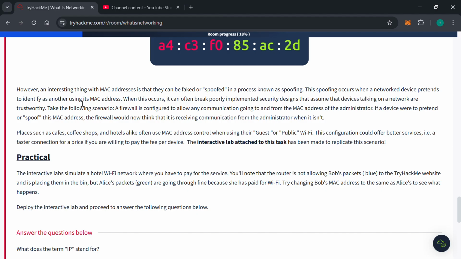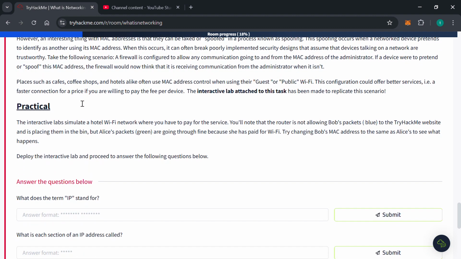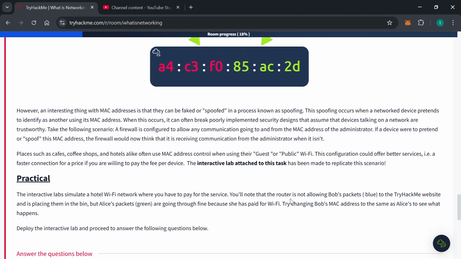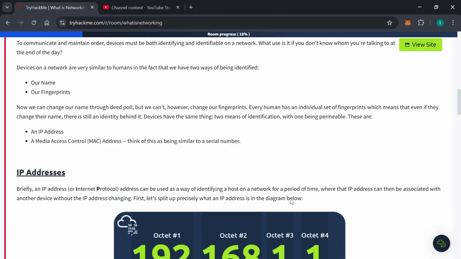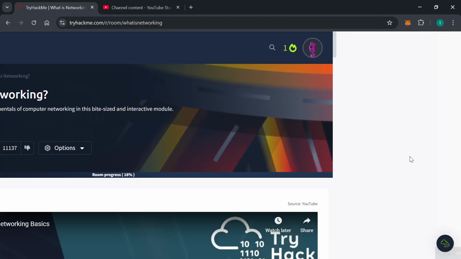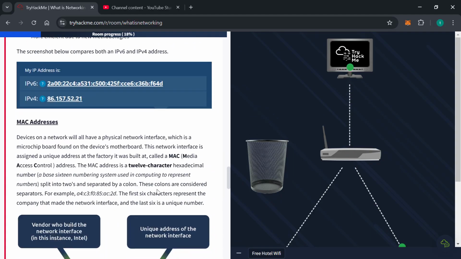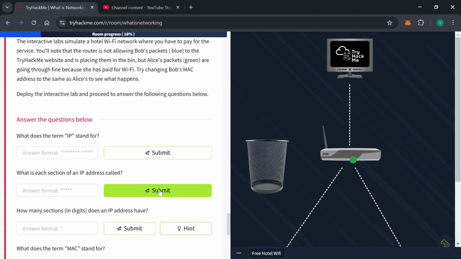Now there is an interactive lab attached to this task that we'll be looking at. The interactive lab will simulate a hotel Wi-Fi network where you have to pay for the services. So let's click on view site so we can have our interactive lab open. Good.